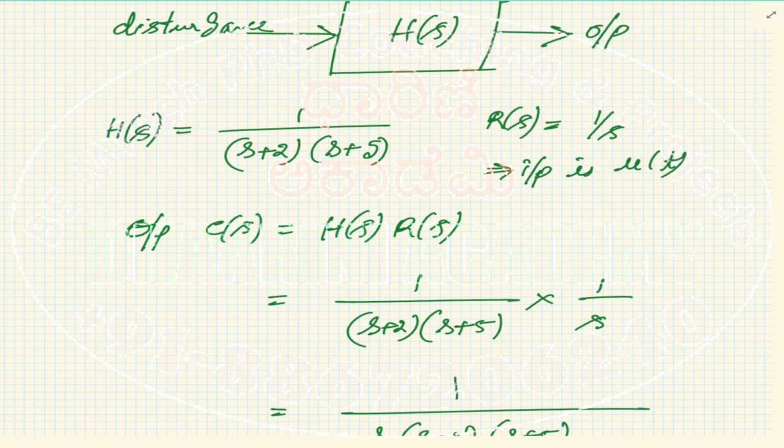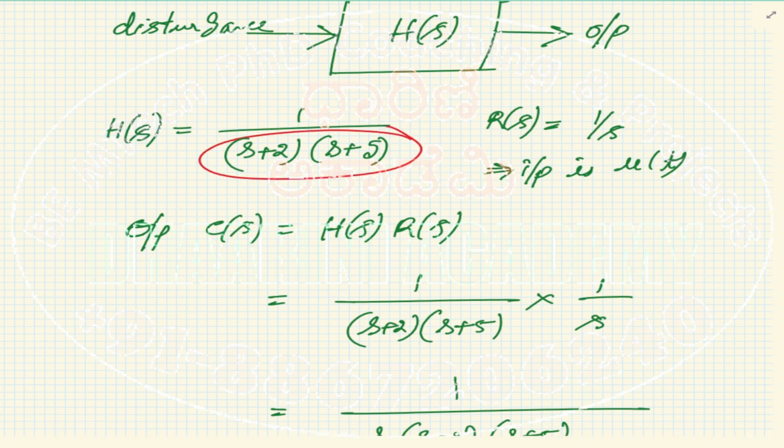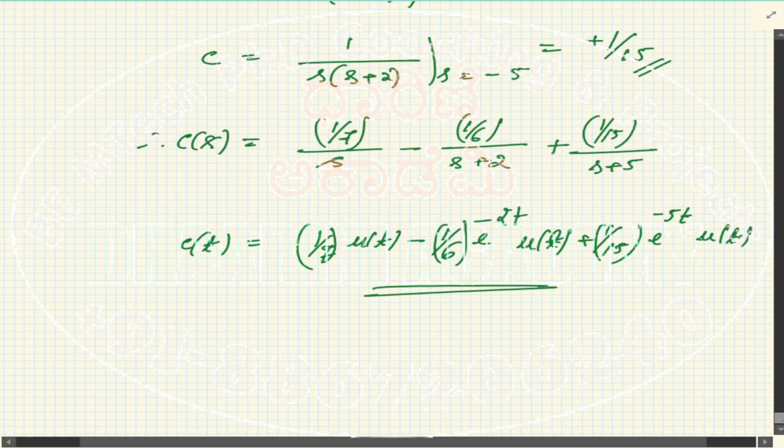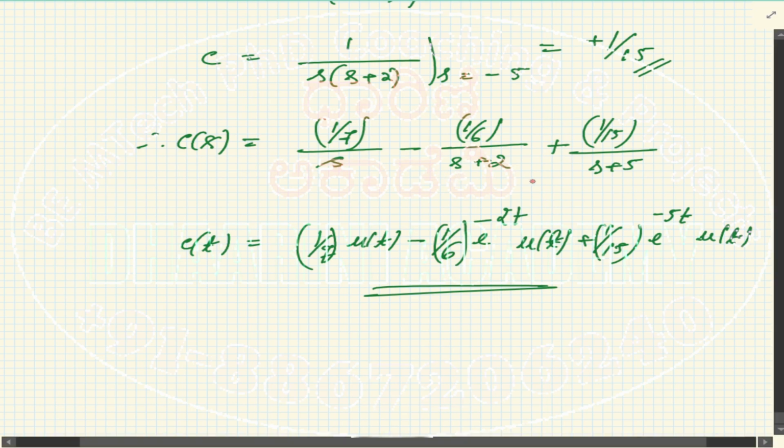The roots of the denominator are called the poles. So there are two poles of the system, and they will come in the output as they are. Corresponding to the system, you have two poles, so they are called the system poles.